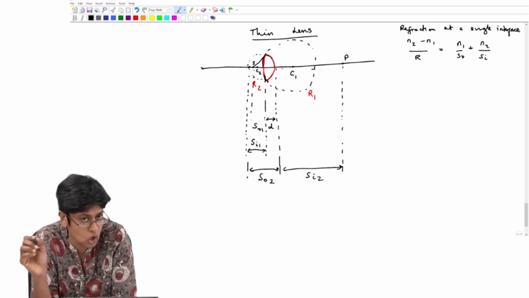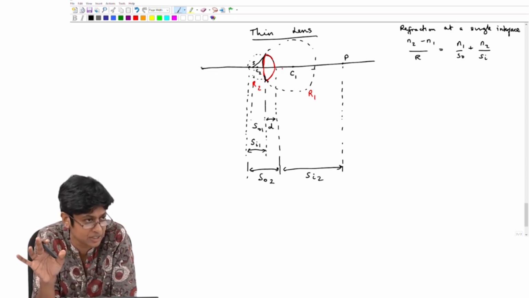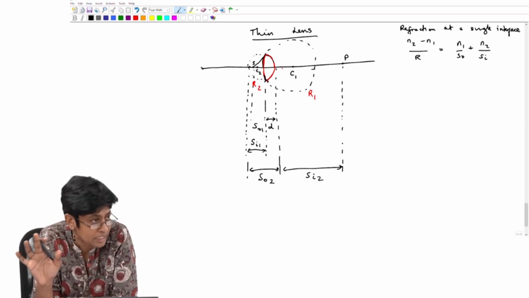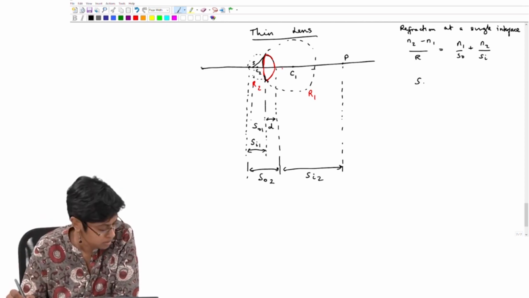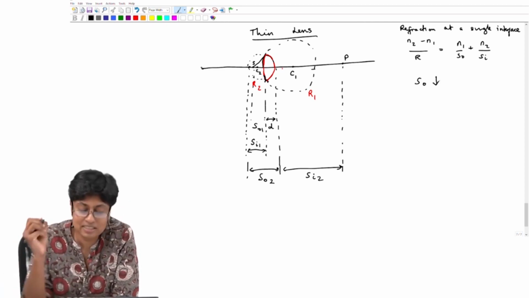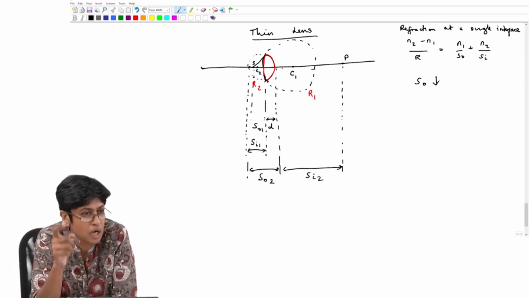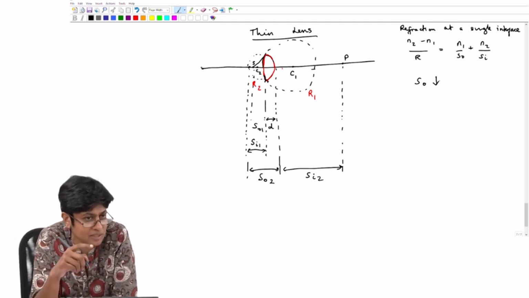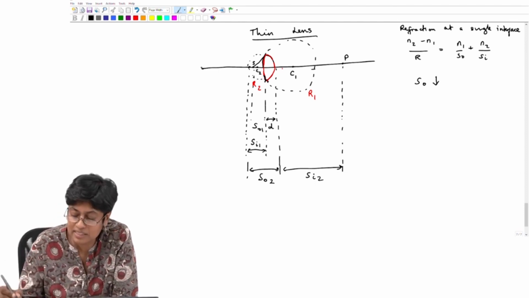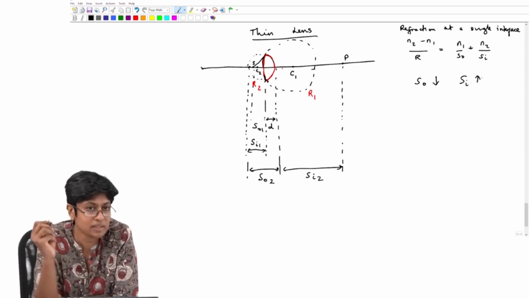The left hand side is constant for a single interface. You are not changing the refractive indices, you are not changing the radius of curvature, it is a constant. Now, let us say I go on decreasing the distance S0. What does that mean? I go on bringing the object I want an image of closer and closer to the interface. Because the left hand side is a constant, what does that mean for SI? If I go on decreasing S0, SI is going to go on continuously increasing.